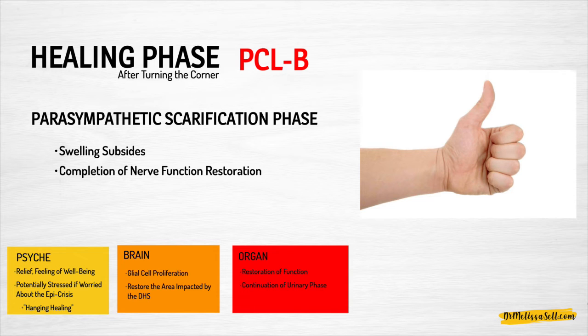On the brain level, this is very important, and we'll talk a little more about this on the next slide too. The brain area that was affected by the DHS has to be restored. And the way the body restores the brain is with glial tissue. With the rest of the body, there's scar tissue. In the brain, the scar tissue are glial cells. And so it restores the area impacted by the DHS.